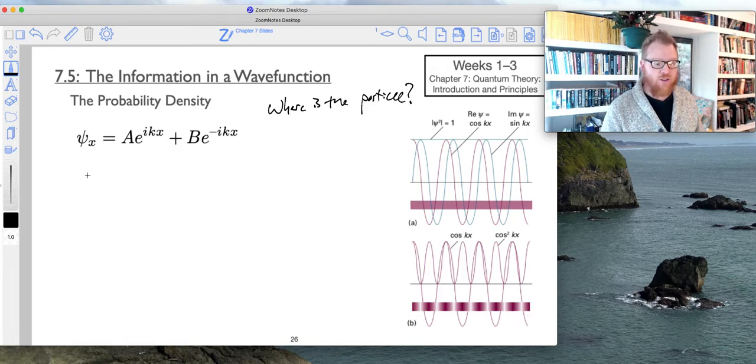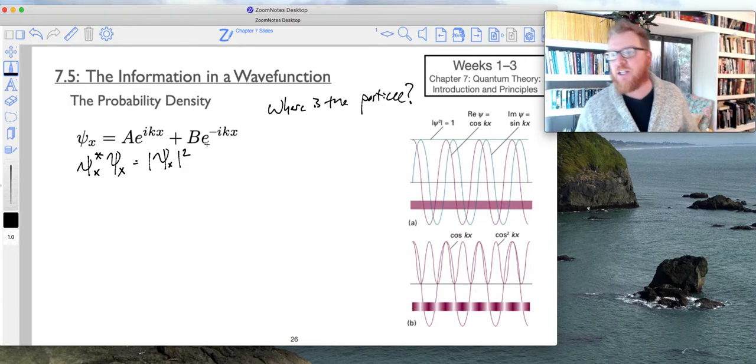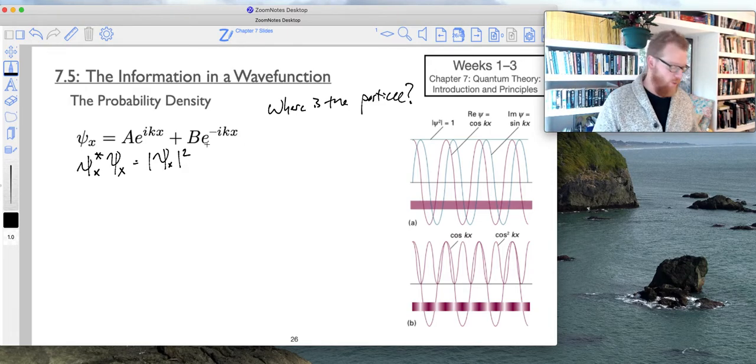And so I'll remind you that square modulus goes as psi star, so I'm going to put the sub x there so we remember 1D, psi star psi, which we remember is the square modulus. And I'm not going to worry about integrating this. Let's just take the square modulus of this initial wave function that we've come up with and see what happens.